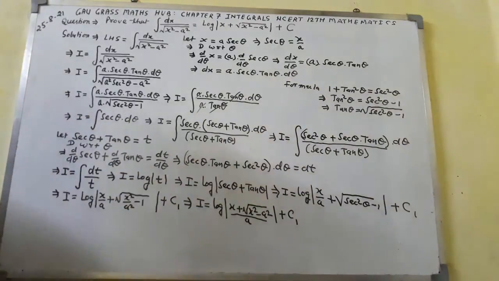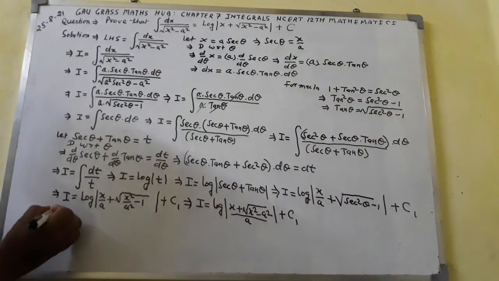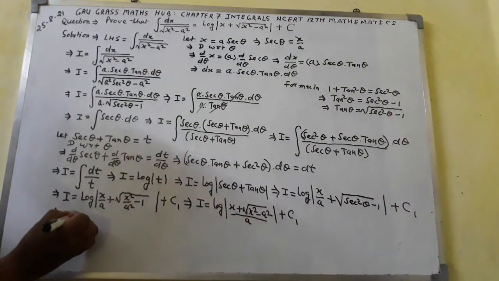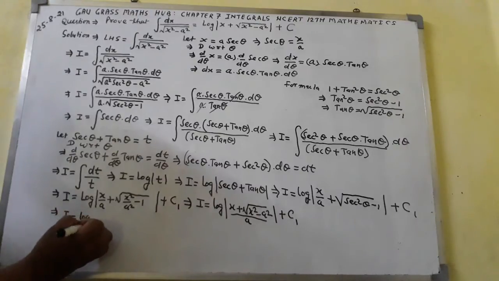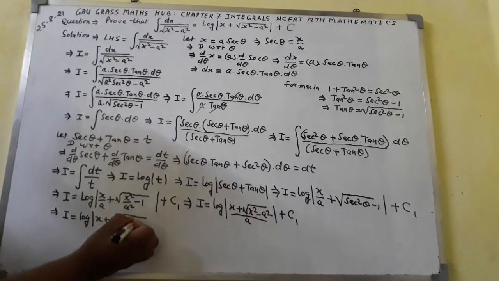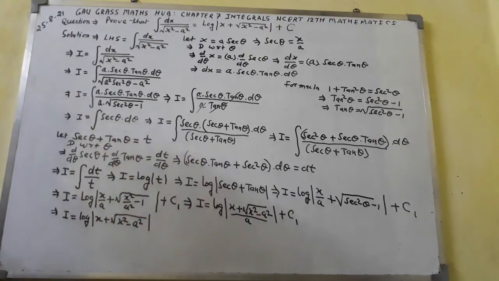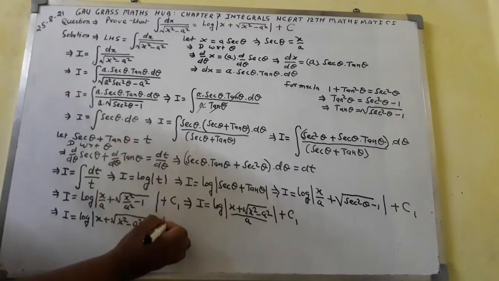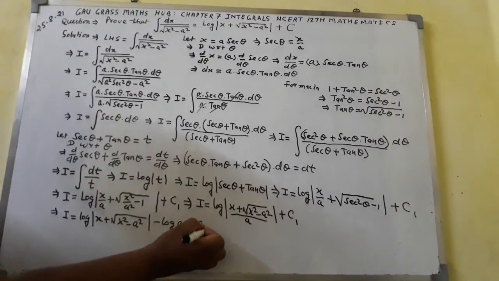Now it can be written as I equal to log mod x plus under root x square minus a square mod minus log a plus C1.